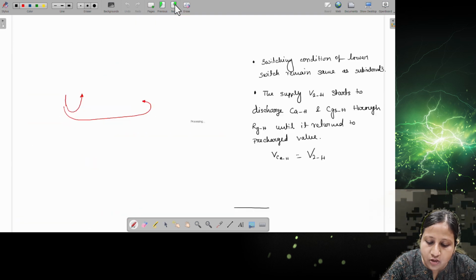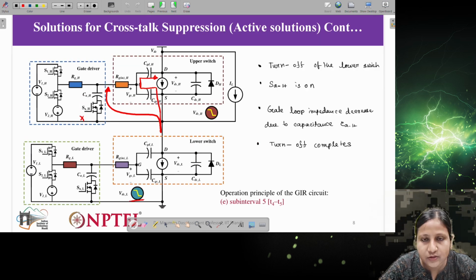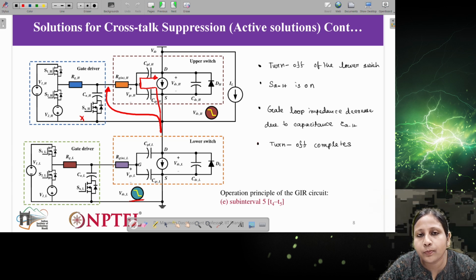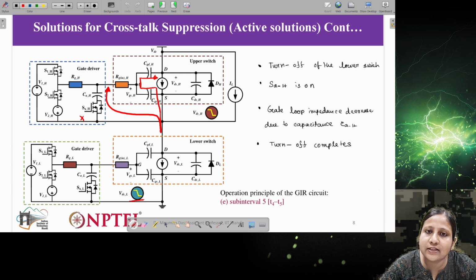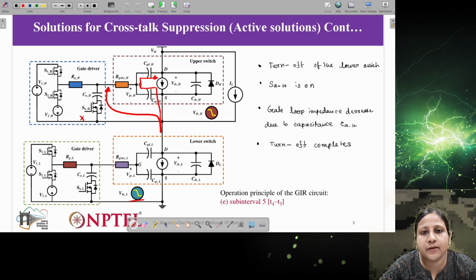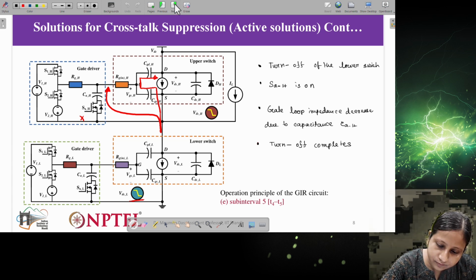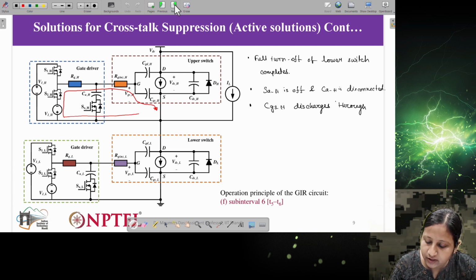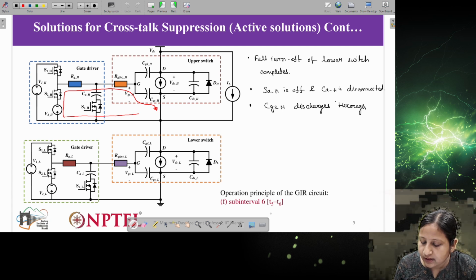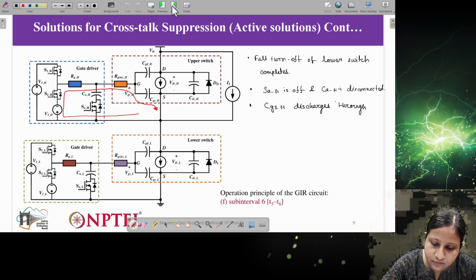Now due to turn off, some current was flowing through the gate capacitance of the upper switch. We have to make sure that this capacitance is completely in the previous condition, or that the charge in the capacitance becomes 0 at the end of the complete interval. So this is what is happening in subinterval 6.